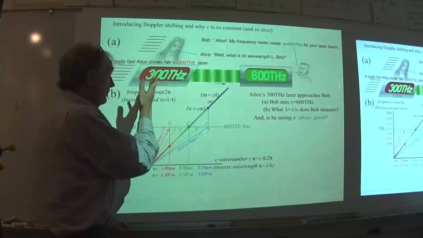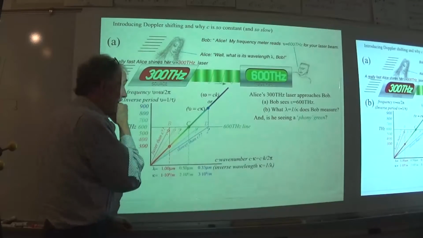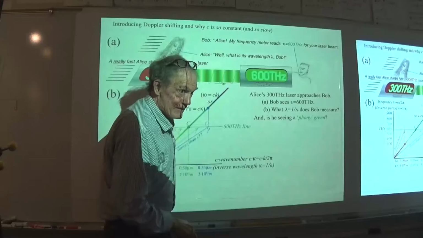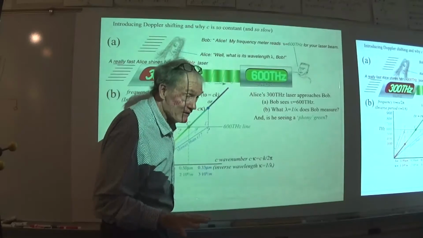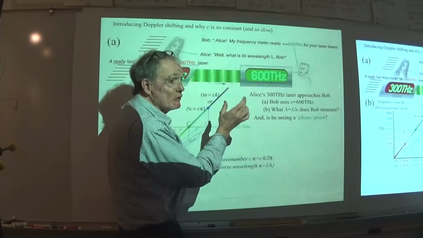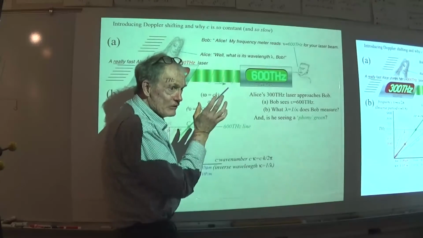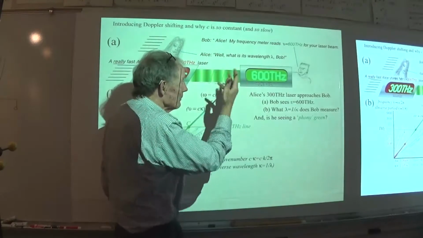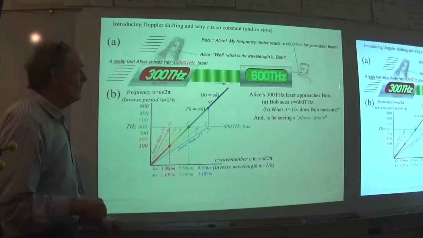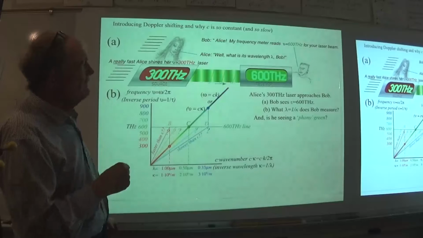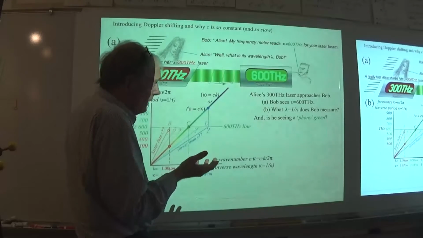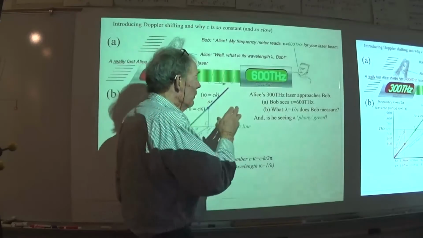And Alice says, okay, Bob, that's what I figured. What's your wavelength? That's a completely different measurement. Okay? You got to fit it in some spatial thing, right? The frequency meter might be using some fancy atomic transitions or something, but to get the wavelength or the wave number, the per spatial part, that's tough.